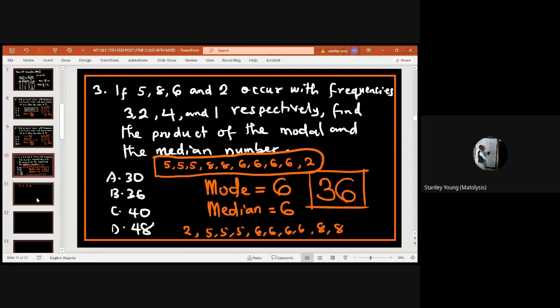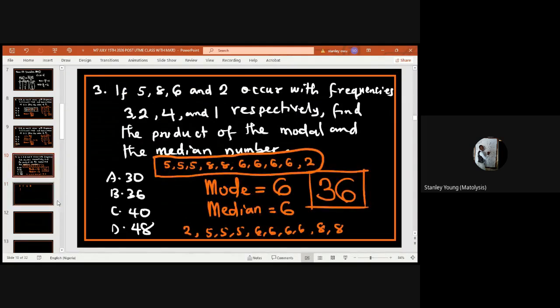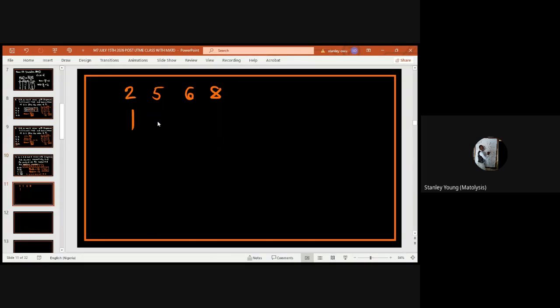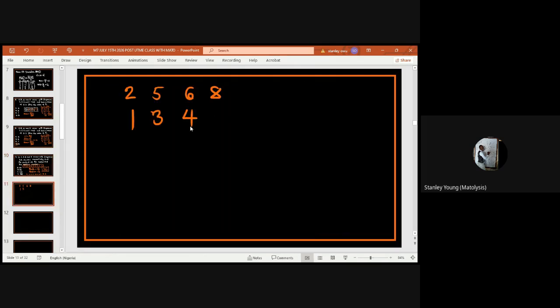The frequency of 2 is 1. The frequency of 5 is 3. For 6 it is 4. Then for 8 it is 2. So this is x and this is the frequency.